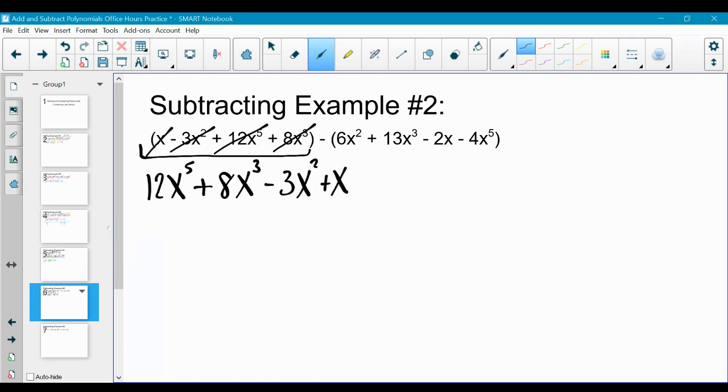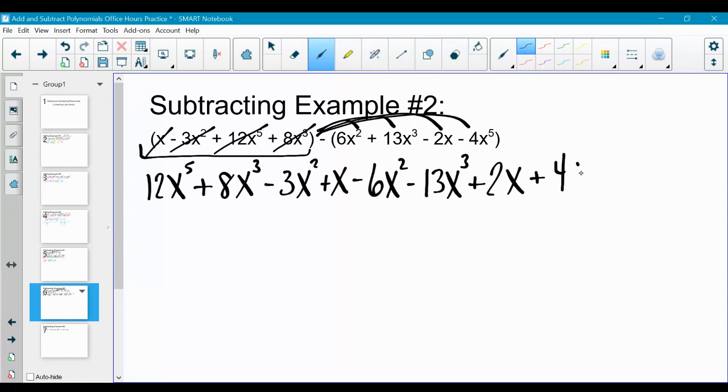So that's the entire first polynomial. Now I'm going to distribute that -1 and rewrite the entire second polynomial: minus 6x squared minus 13x cubed plus 2x plus 4x to the 5th.